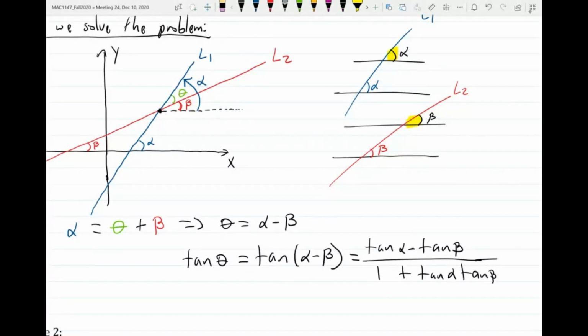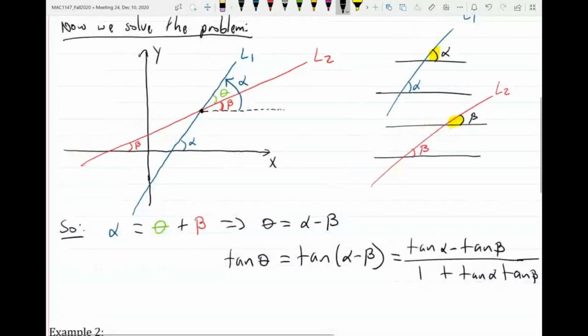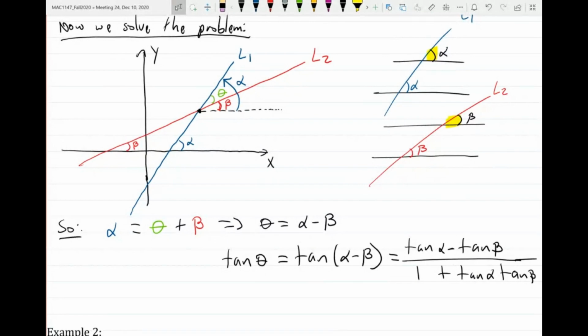But then, according to the observation that we did earlier, what's tangent of alpha equal to? Remember, alpha is the angle that the line L1 makes with the x-axis. So tangent of alpha is just the slope of the first line.